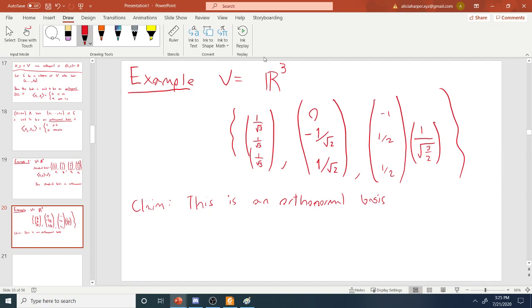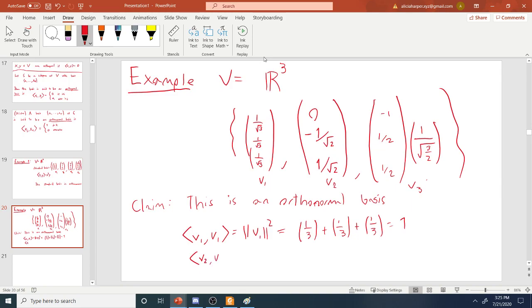Let's note that if this is V1, this is V2, this is V3, then we can see right away that the inner product of V1 with V1, which is simply the same as the norm squared, is 1 over 3 plus 1 over 3 plus 1 over 3, which is just equal to 1.